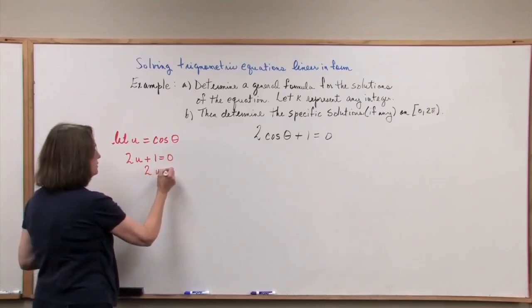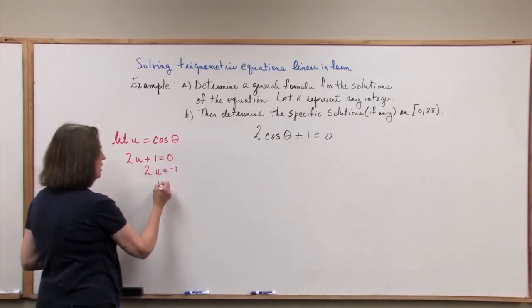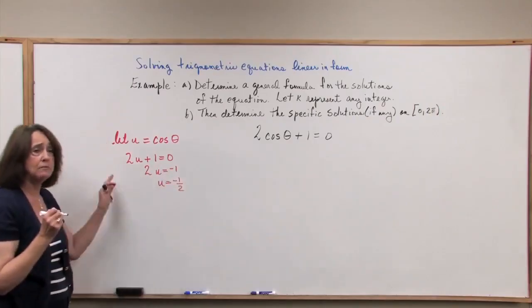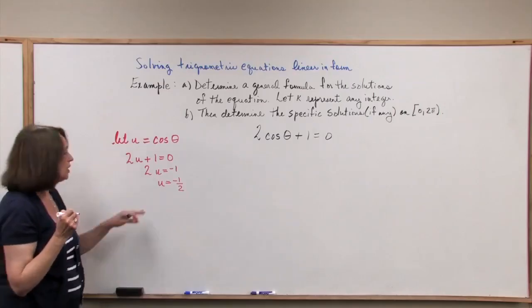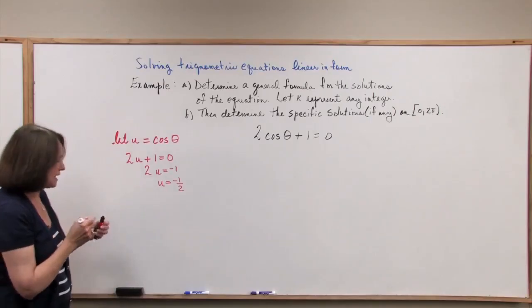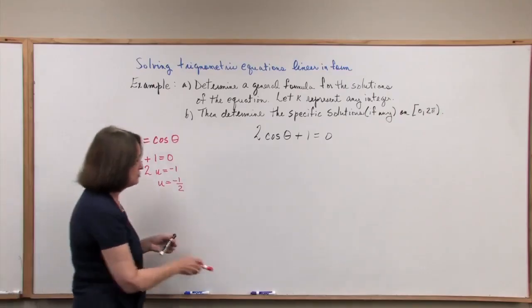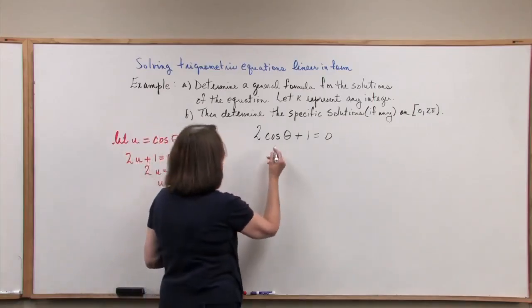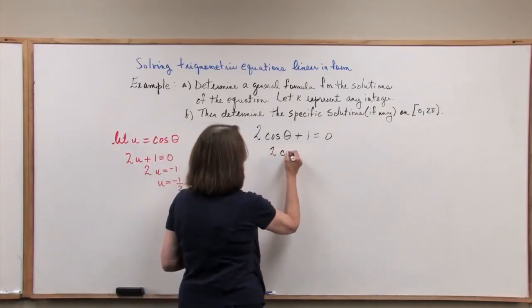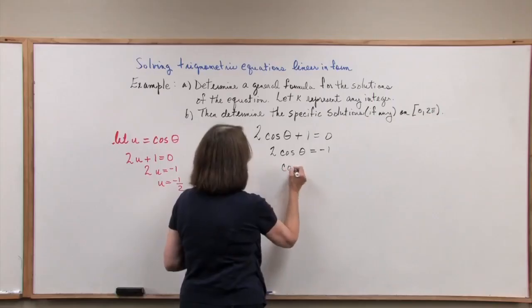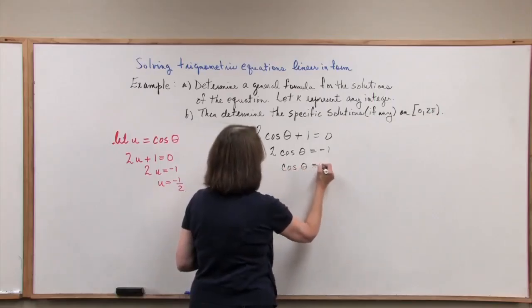Well, very simply, we subtract the 1 and then we divide by 2 on both sides of the equation. So in algebra, we would have this solution. So now, what do we do with our trigonometric equation? The exact same thing. We're going to subtract 1 and then divide by 2.